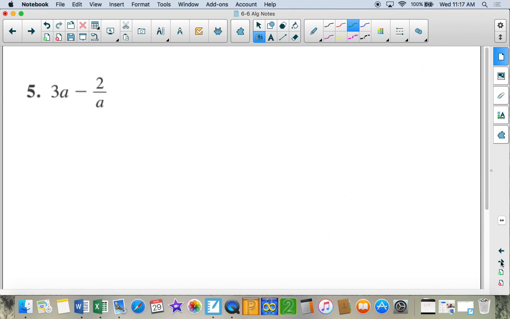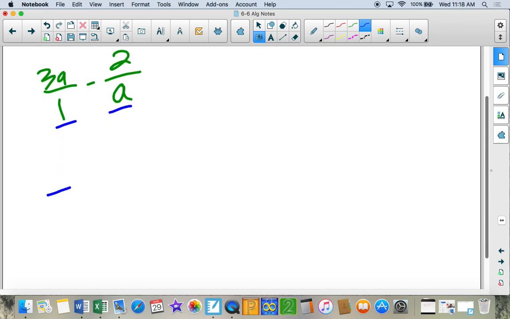Same thing. We have to find a common denominator. So my denominators are 1 and a. If I get really good, I should be able to figure out what the common denominator is. 3a over 1 equals what over a?